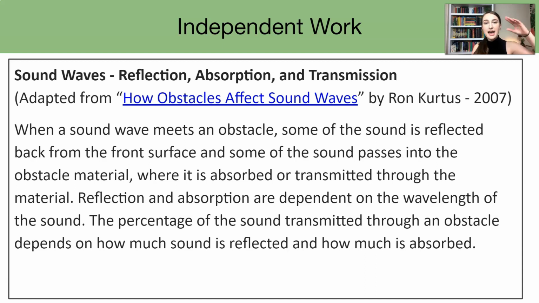So we have some sound, it's traveling. When it meets an obstacle, some of the sound bounces off and some of the sound passes through. So that is what that first sentence is saying.